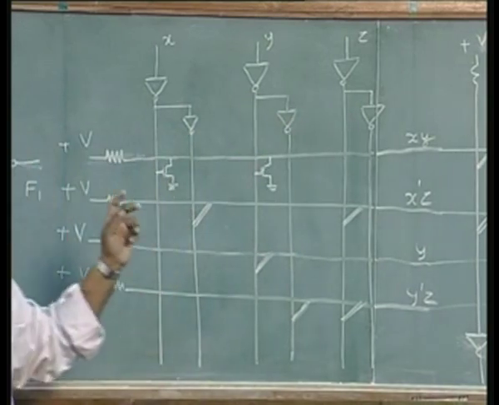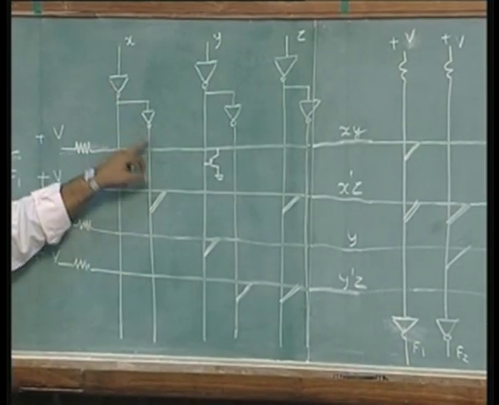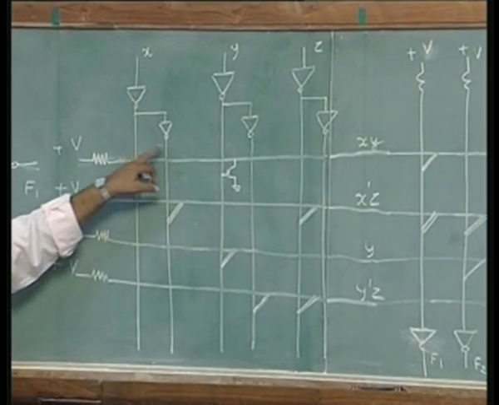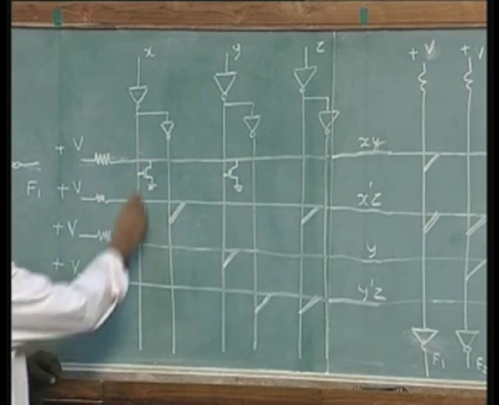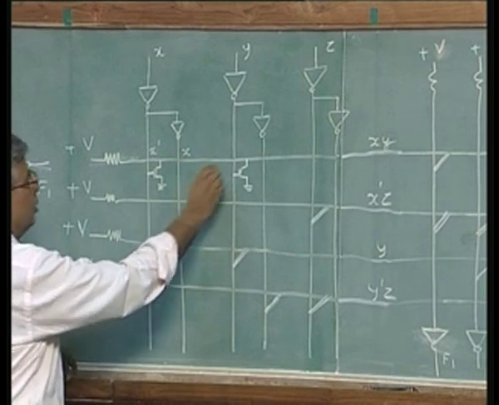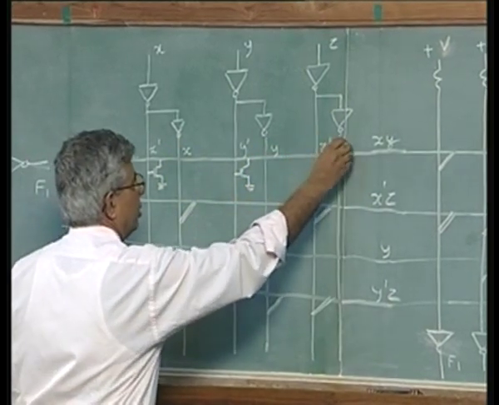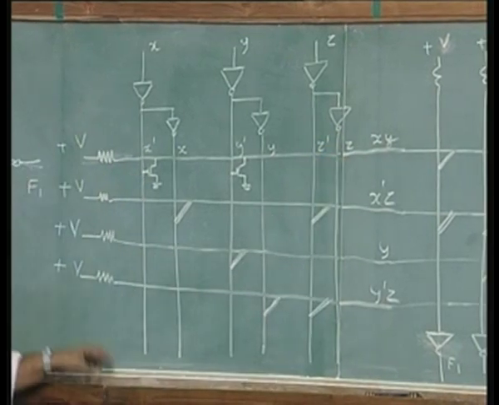Now I am putting an extra inverter, which means this becomes X bar and this becomes X bar which is X. So this is X bar, X, Y bar, Y, Z bar, Z.